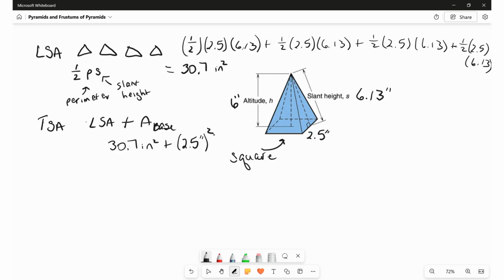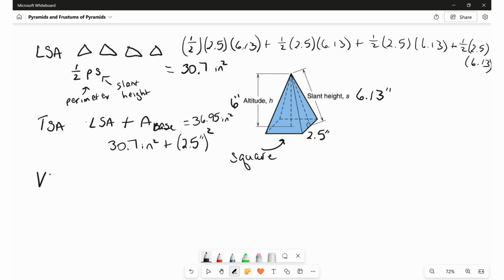Then when we put that into our calculator, we get 36.95 inches squared.